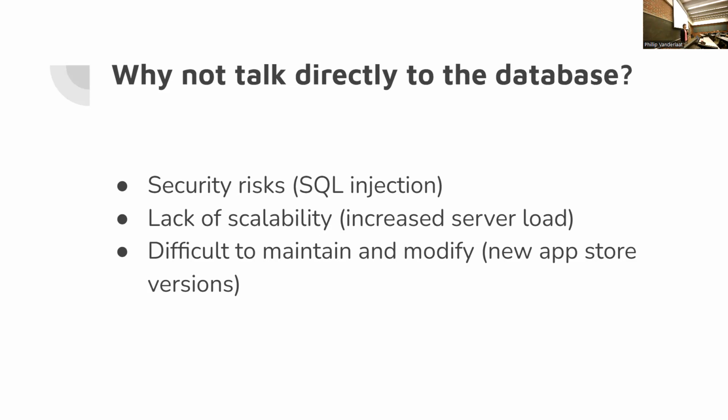First is security risks. Say if you had the backend altering code on your app, for instance, and a user changed the code of the app, they could do anything that they wanted to with the backend, with all the data on your backend, which for many reasons is not what you want. Instead, if you have an API, there's really only set routes that you can call through the API.